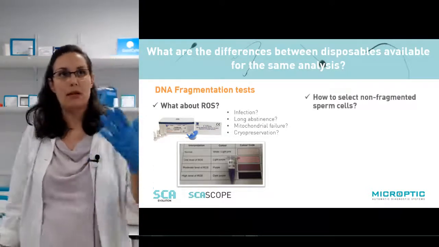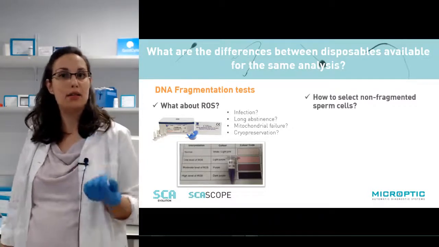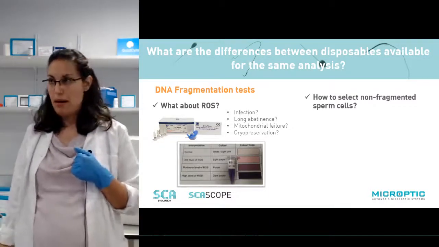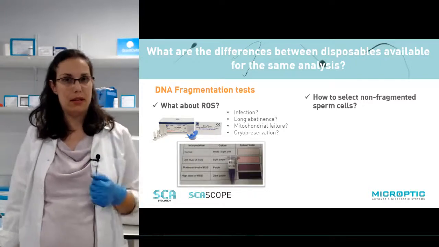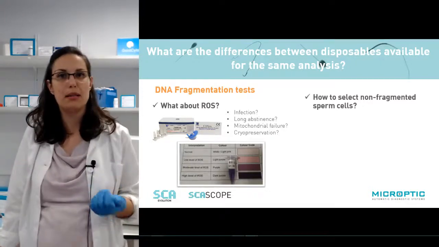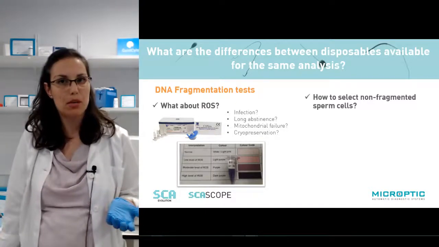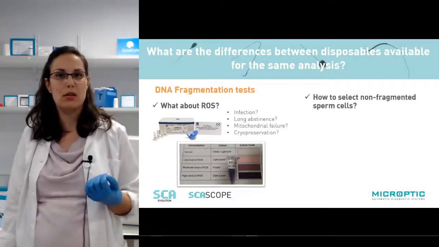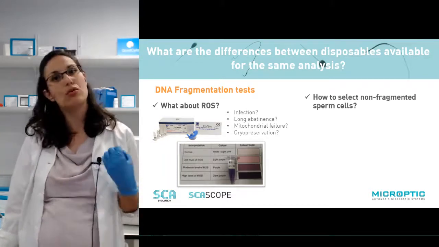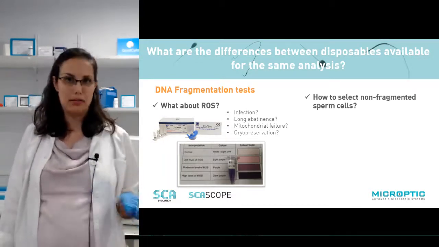But when you detect high levels of ROS, then you perform the DNA test and there is also a high level of DNA fragmentation, what to do? How to handle those samples? If you want to do an ICSI or an IVF and you need to use that sample, how to handle it?